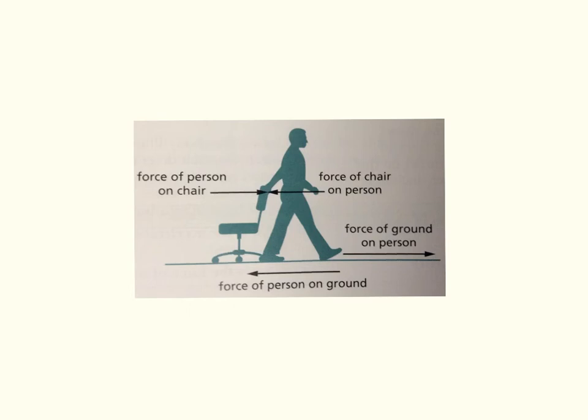But if we look at the information that we're given here, we can see that the force of the ground on the person and the force of the chair on the person are not the same amount.